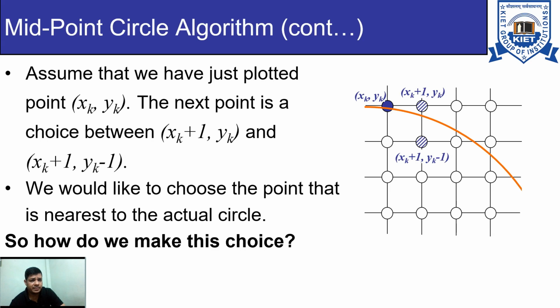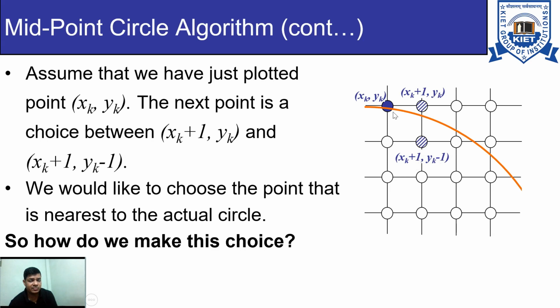Now what we are doing is approximating the value of y. So from xk we are moving to xk plus 1. Now at xk plus 1 we have to decide whether we should activate the pixel at xk plus 1 comma yk, or the pixel at xk plus 1 comma yk minus 1.